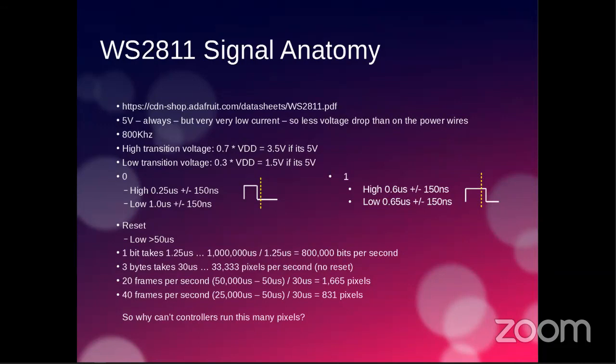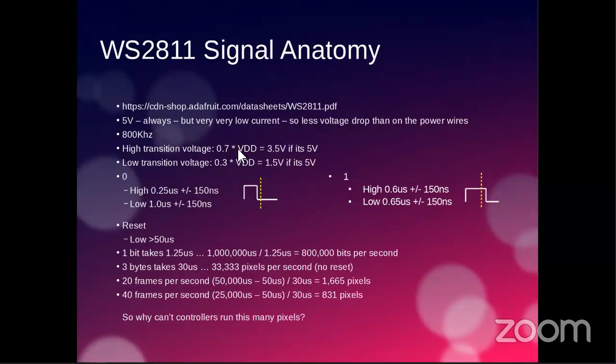The high transition voltage and the low transition voltage, these things are important. It's important to understand that when the pixel is detecting the signal, it is detecting whether the signal is high or whether the signal is low by looking at its ratio to VDD. Now, what does that mean?